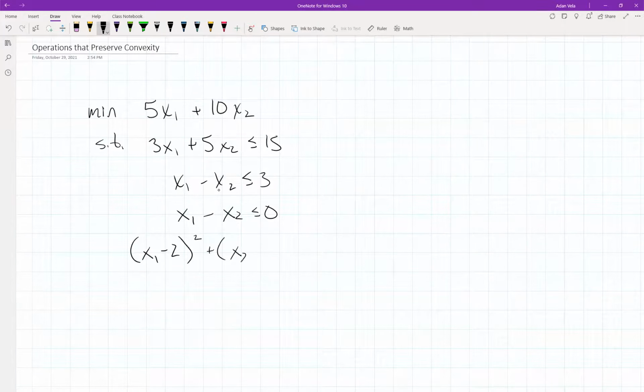All right, the first set of equations corresponds to linear constraints. Right? So these are linear constraints.